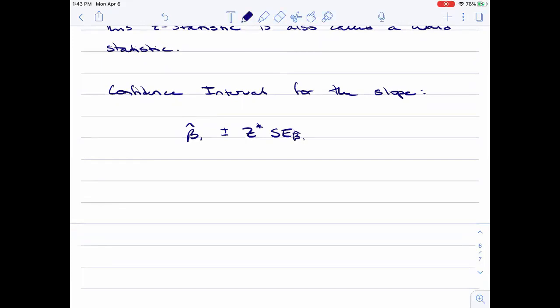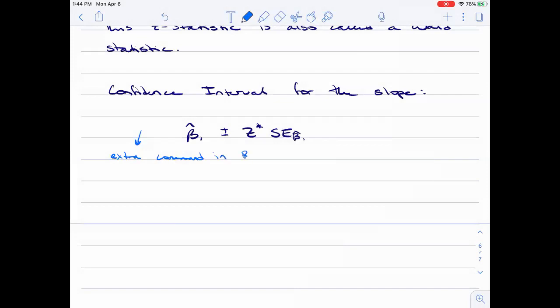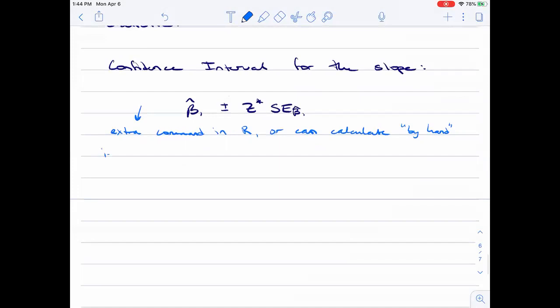Not hard, it just uses the output, or you tell R that you want a confidence interval. It's an extra command in R, or you can calculate it by hand in R. Easy enough either way.